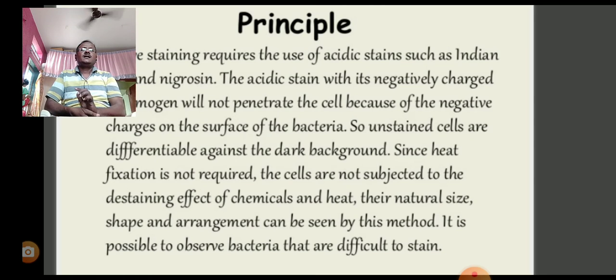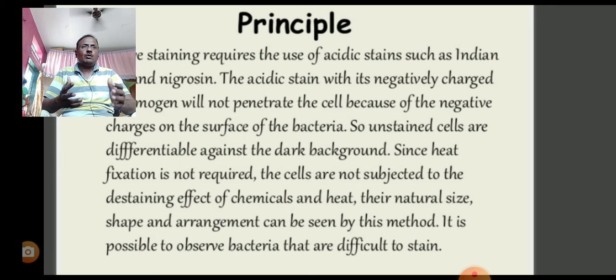Negative staining requires the use of acidic stains such as Indian ink and nigrosin. The acidic stains with negatively charged chromogens will not penetrate the cell because of the negative charges on the surface of the bacteria. So unstained cells are visible against the dark background.